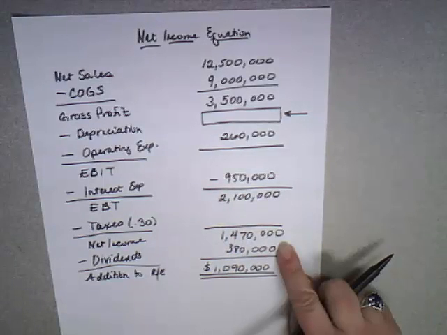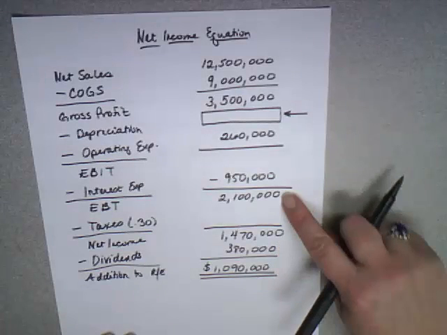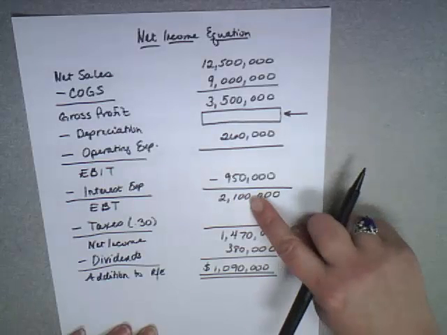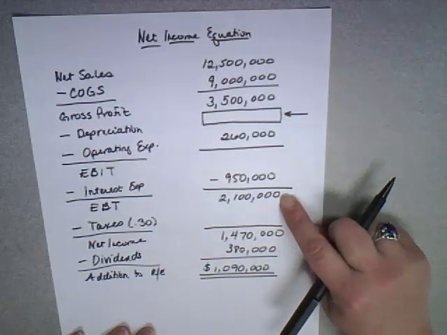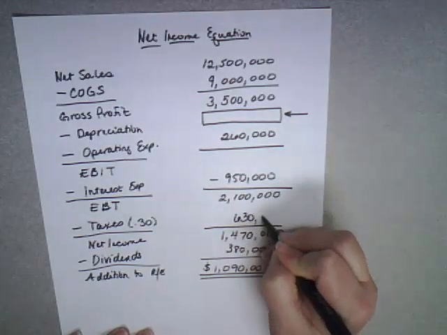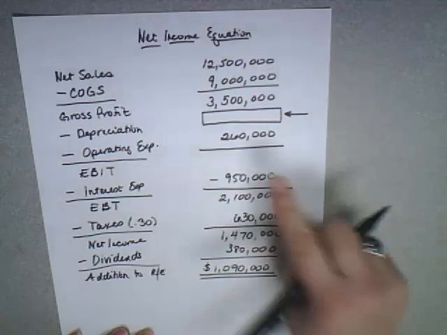And so the way I got that was I took $1,470,000 and I divided it by 0.7, because that's how much money we didn't pay taxes on, which gave me the $2,100,000. Then when I go back and I multiply that by 30%, which is our tax liability, that tells me that the taxes were $630,000.